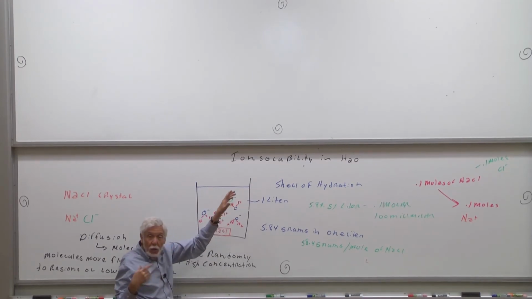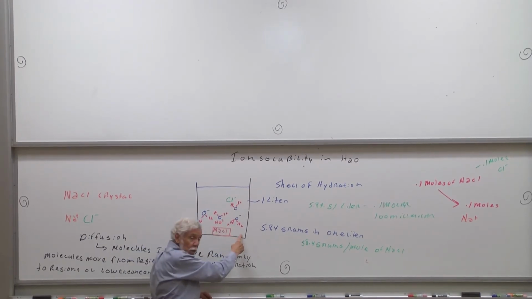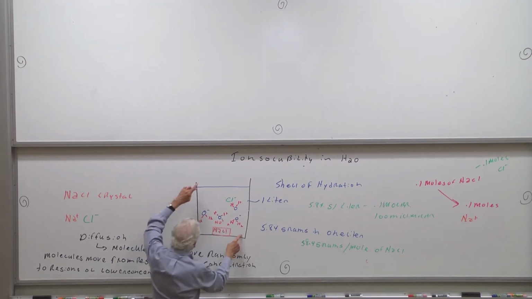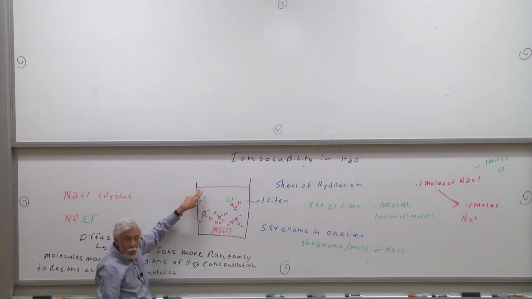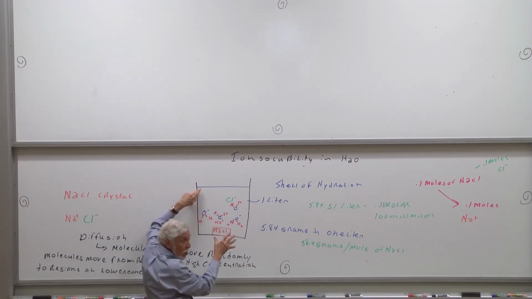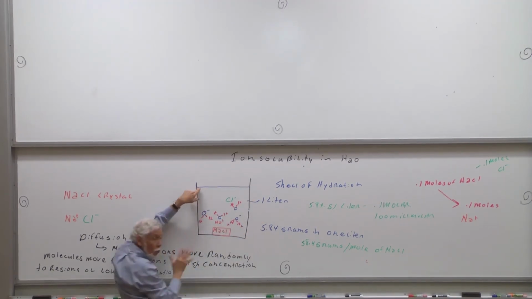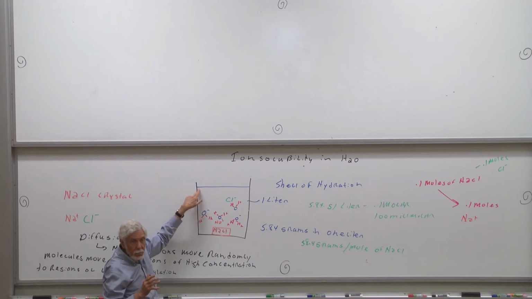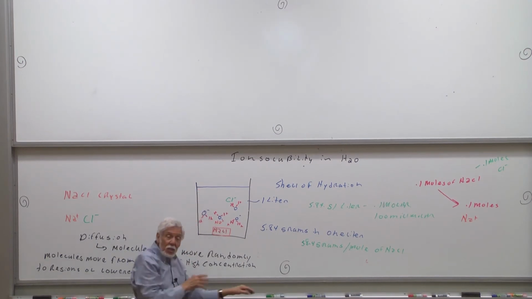Such that after a period of time, if you look down here in this corner, the probability of finding a sodium ion or chloride ion is the same as if you look up here in this corner. We now have a random distribution throughout the column of water. We have reached a kind of equilibrium where these ions are randomly distributed. We can think about this intuitively.